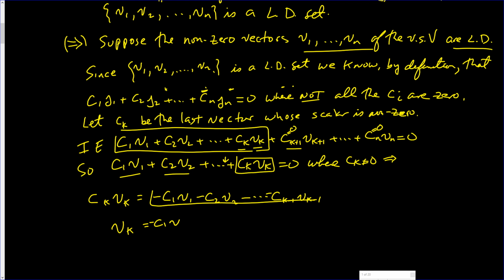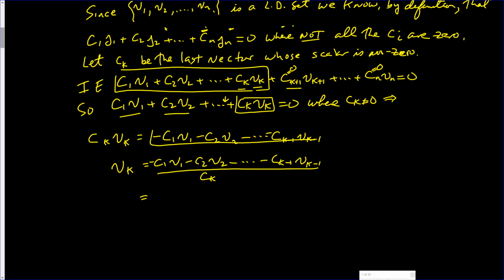Therefore, V sub k is minus C1 V1 minus C2 V2, all the way up to minus C k minus 1, V k minus 1, all over the non-zero coefficient Ck.